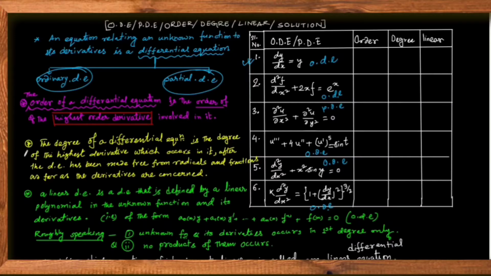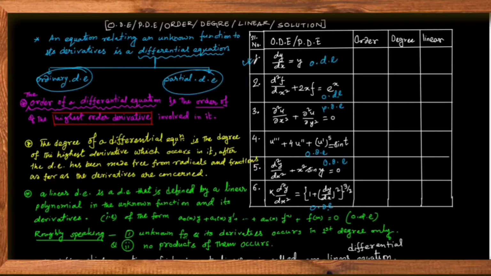Okay, so now let's discuss the order of a differential equation. What do we mean by order of a differential equation? And it is very important. Order of a differential equation is nothing but the order of the highest order derivative.